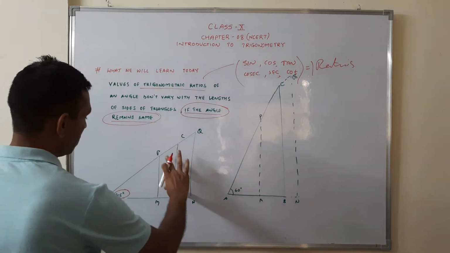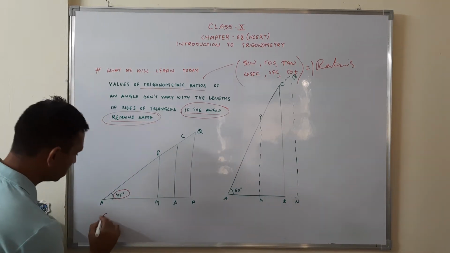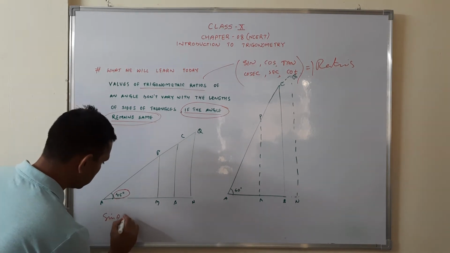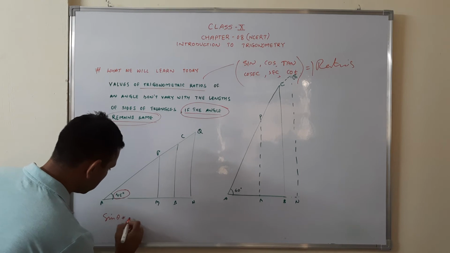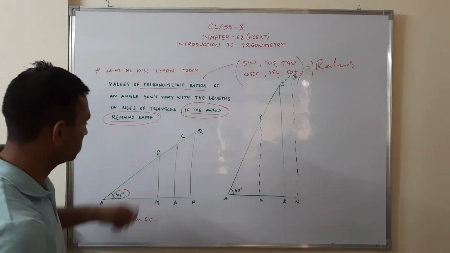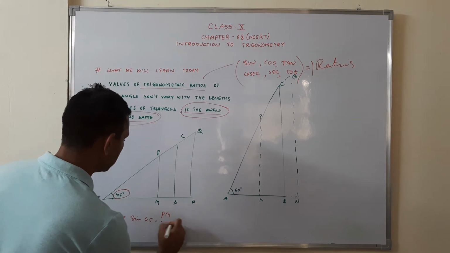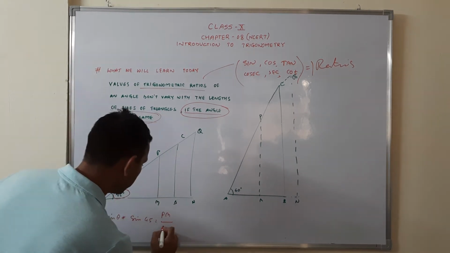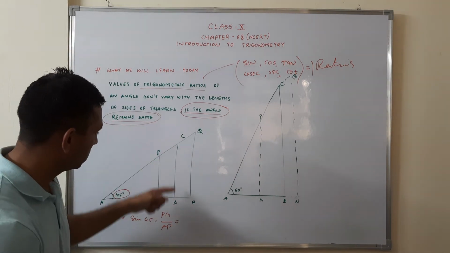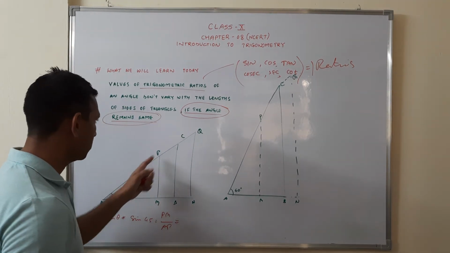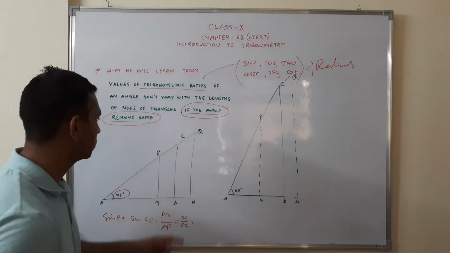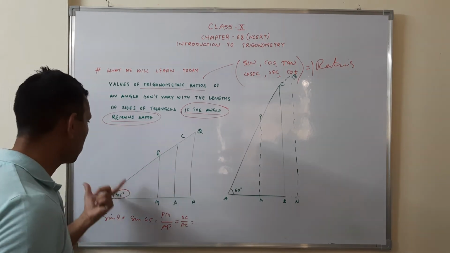That is, opposite side upon hypotenuse, sine 45 equals opposite side PM upon hypotenuse AP, equal to BC upon AC, equal to NQ upon AQ.